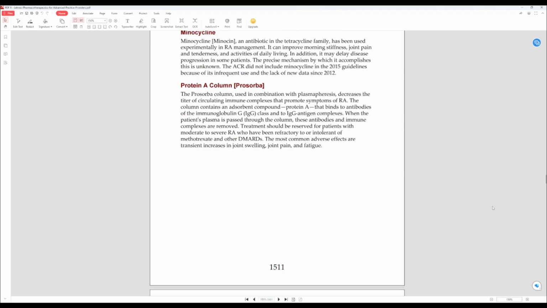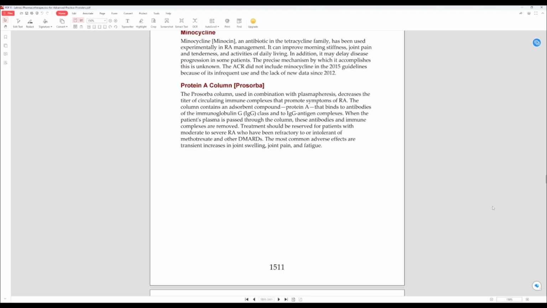Protein A column, Prosorba. The Prosorba column, used in combination with plasmapheresis, decreases the titer of circulating immune complexes that promote symptoms of RA. A column contains an absorbent compound, protein A, which binds to antibodies of the immunoglobulin G or IgG class and to the IgG antigen complexes.